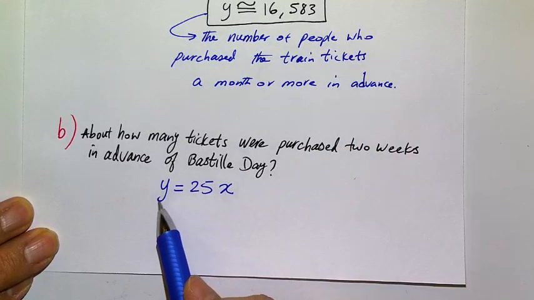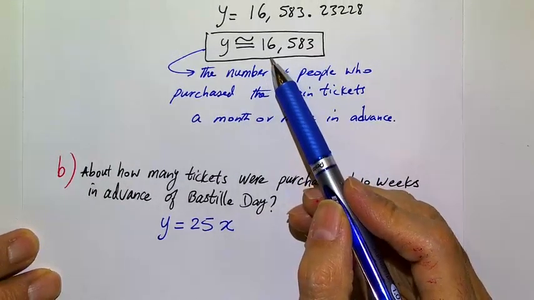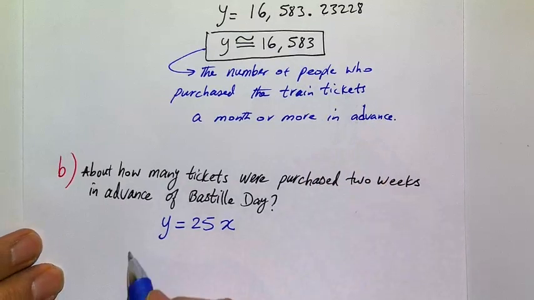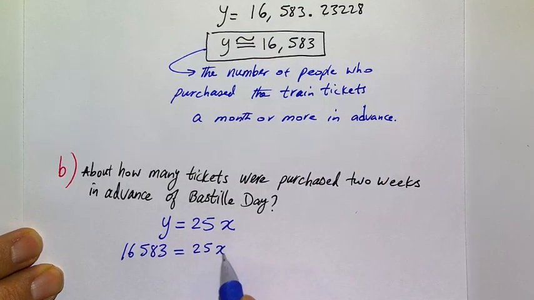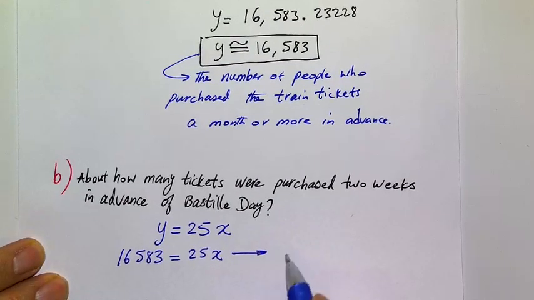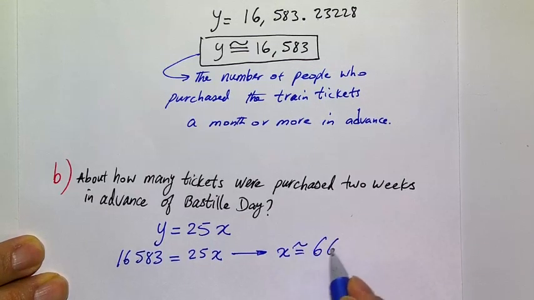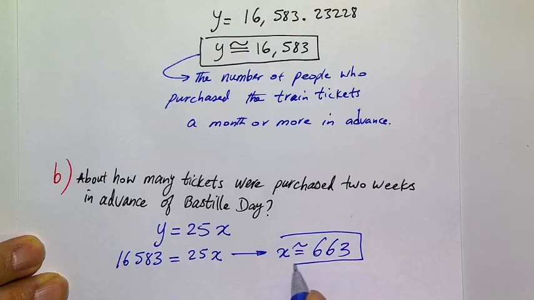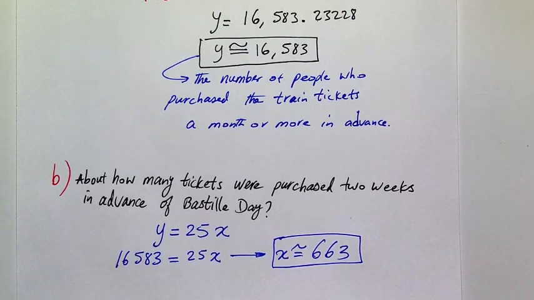So we can substitute here with the y value that we already know, which is 16,583, and then solve for x. If we do that, we're isolating x, divide both sides by 25 to isolate x, and then what do we get? We get almost 663 tickets were purchased 2 weeks in advance of Bastille Day.